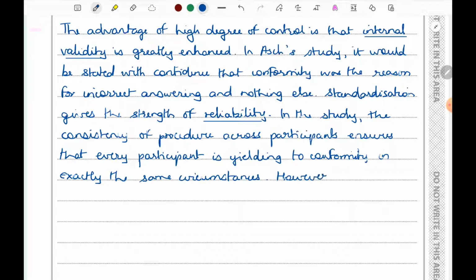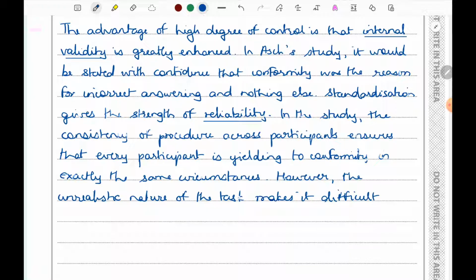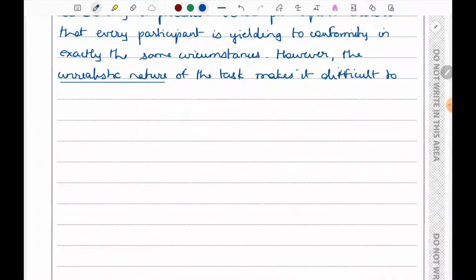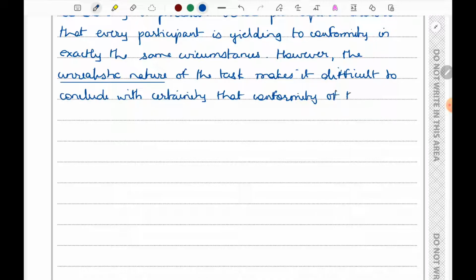However, the unrealistic nature of the task makes it difficult to conclude with certainty that conformity of the extent seen in this study would be seen in real life scenarios as well.